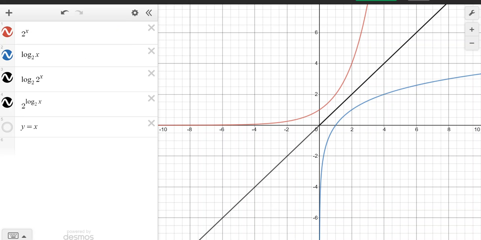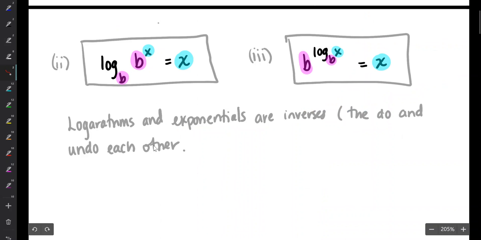So all these are really saying is that logarithms and exponentials do and undo each other. Exponentials, b to the input, and log base b of input, those do and undo each other.